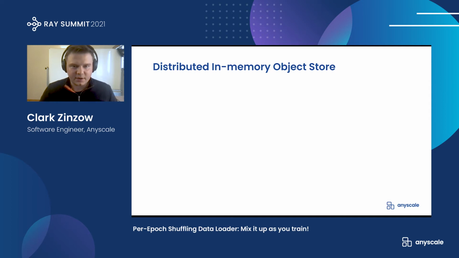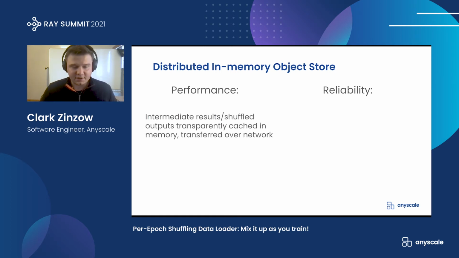And then the distributed in-memory object store, which is probably one of Ray's biggest and best features. It has two core dimensions that make Ray awesome: its optimizations around performance and its assurances of reliability. For performance, particularly for shuffling, intermediate results and shuffled outputs are transparently cached in memory and transferred over the network.